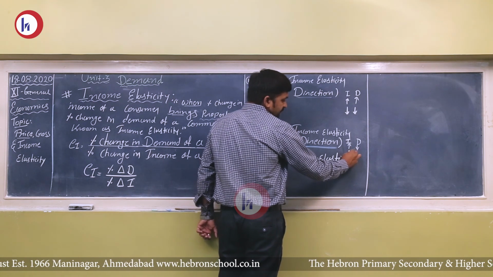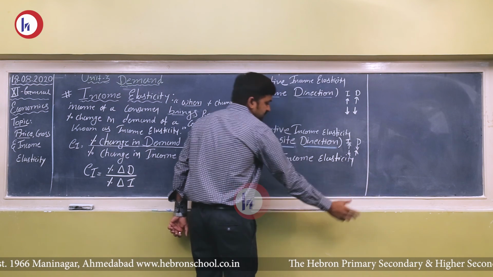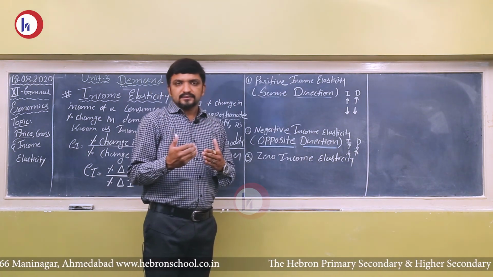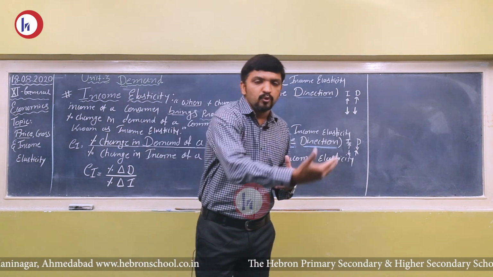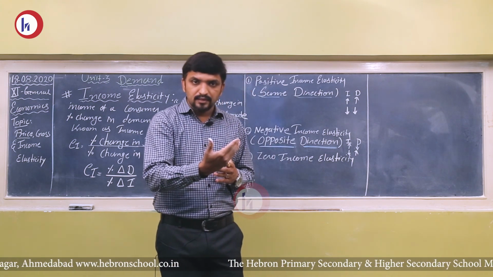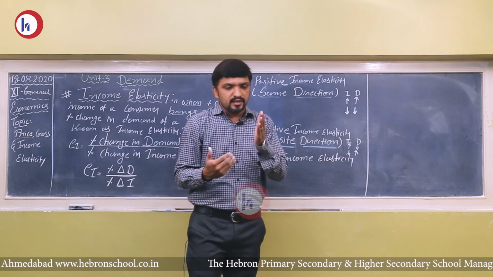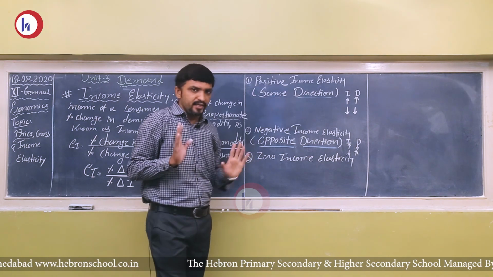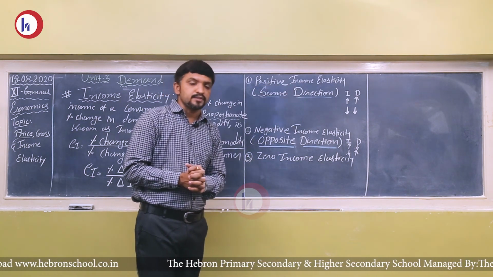If income decreases, demand of a commodity increases. There are chances that some commodities are demanded more when income increases and less when income decreases, which means changes are in the same direction. So it is known as positive income elasticity.